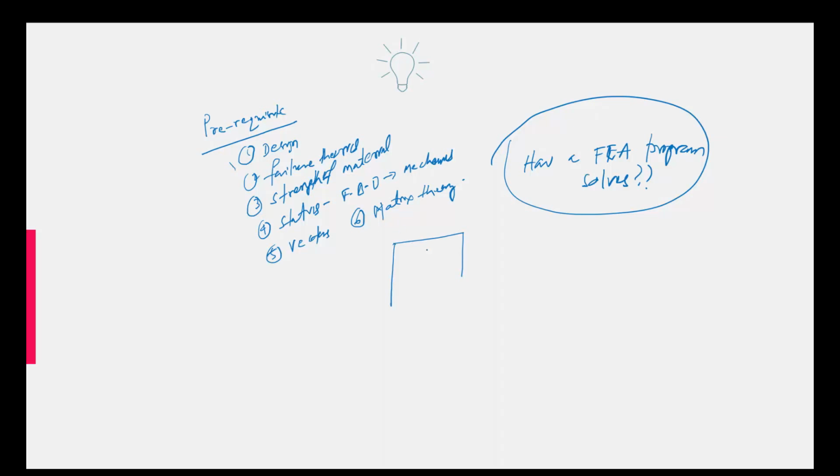If you see this overall model, this is my domain, and you divide it into a countable number of small pieces across the periphery as well as over the interior.